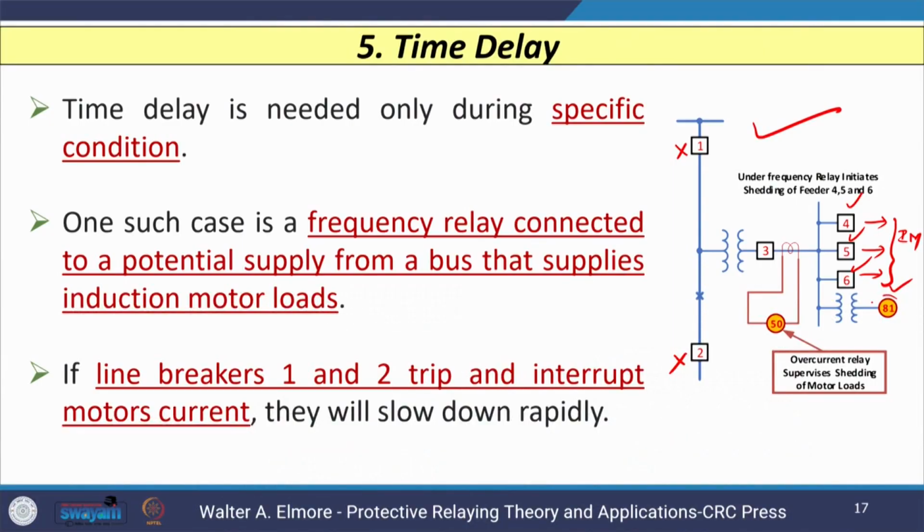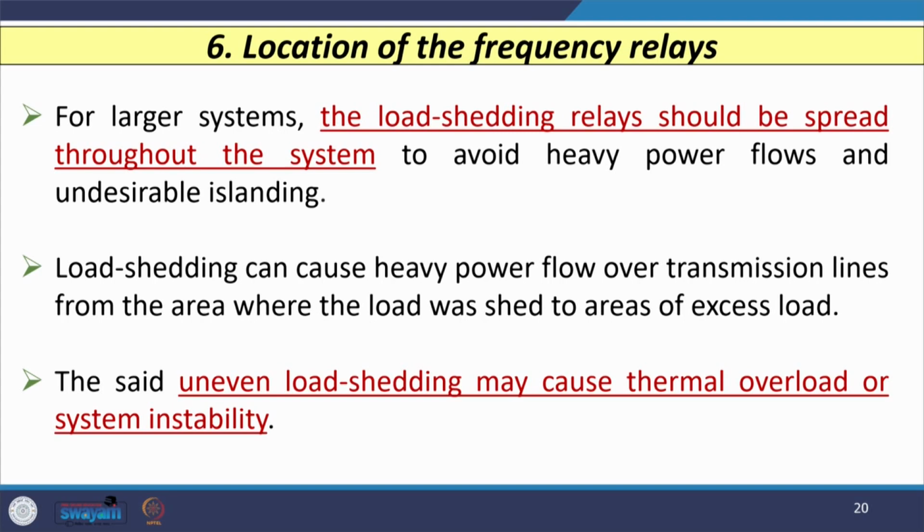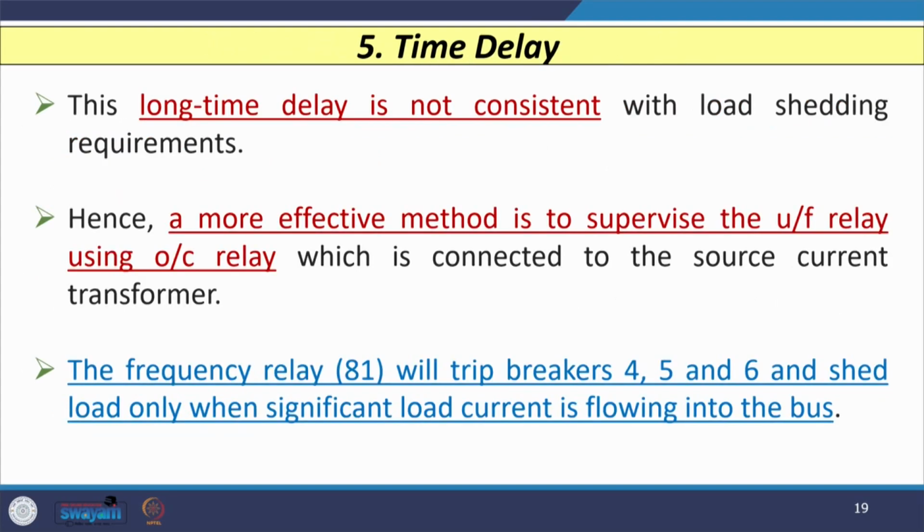So, that is why this 81 relay is supervised with the overcurrent relay 50, and in this case the frequency relay 81 will trip the circuit breakers 4, 5 and 6 and shed the load only when there is a significant increase in the load current. So, both the overcurrent relay and the frequency relay will have to operate, and only then will this scheme operate. Here the frequency relay is monitored by the overcurrent relay.